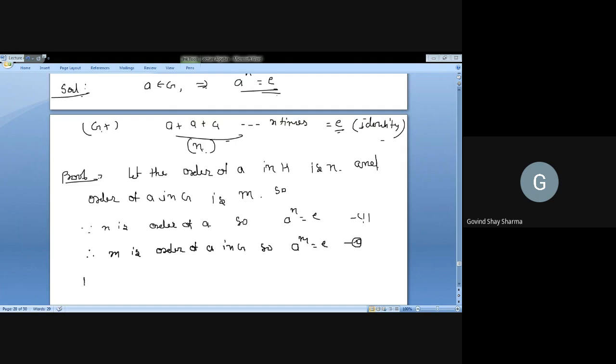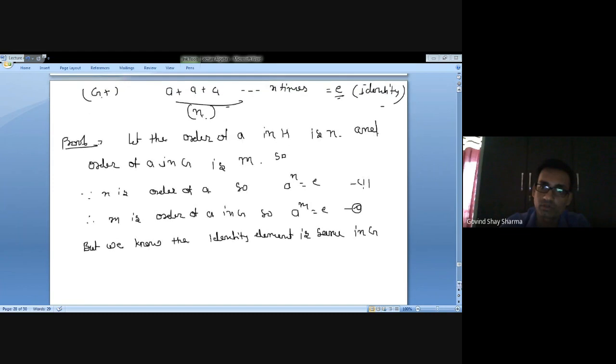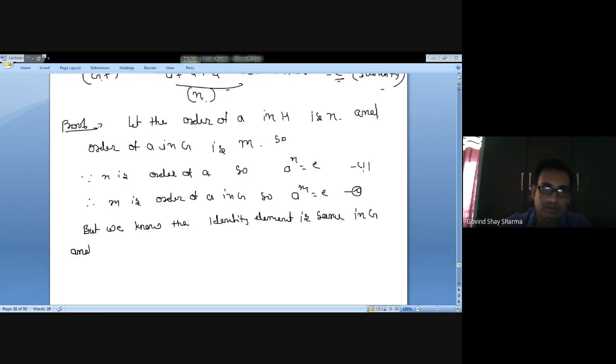But we already proved that the identity element is the same in G and H. So A to the power m is equal to A to the power n, which implies A to the power m upon A to the power n is equal to 1.